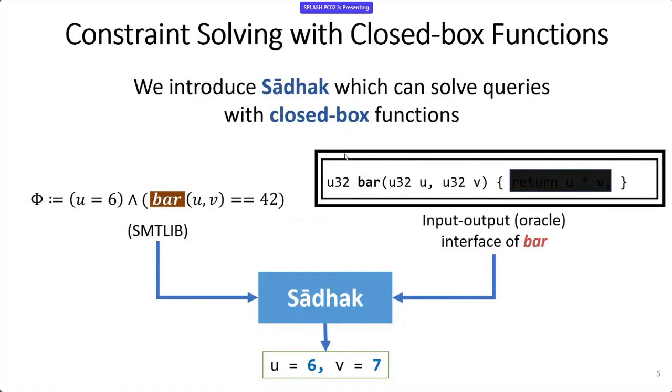In this paper, we propose our tool Sādhak, which can solve queries over such closed box constraints involving closed box functions. Sādhak takes as input a logical formula encoded in SMT-lib and the input-output Oracle interface, and it then gives out a model which is a valid, satisfiable model for this constraint.